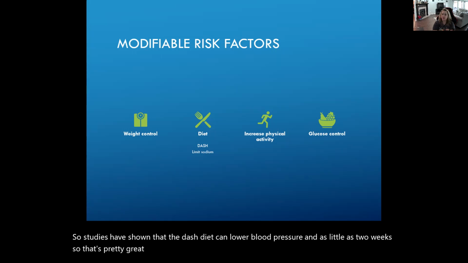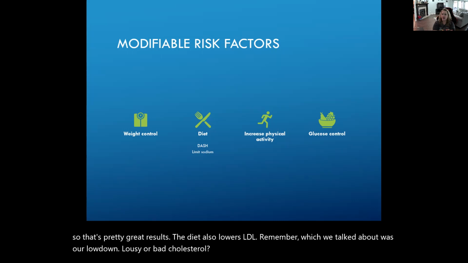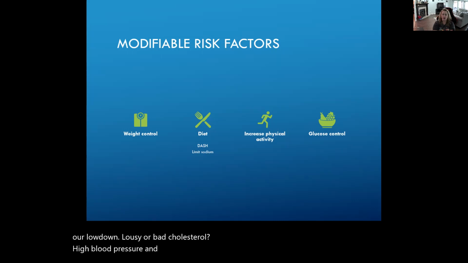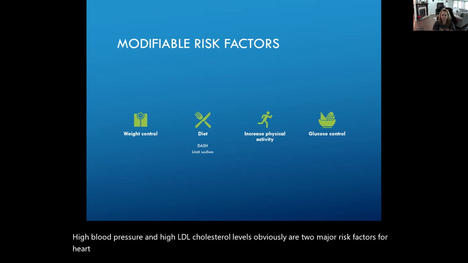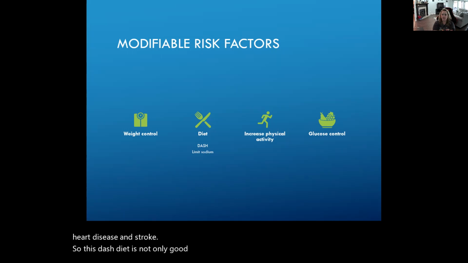The diet also lowers LDL, which we talked about was our lousy, or bad, cholesterol. High blood pressure and high LDL cholesterol levels are two major risk factors for heart disease and stroke. So the DASH diet is not only good for our hypertensive patients, but also for our patients with cardiovascular disease.